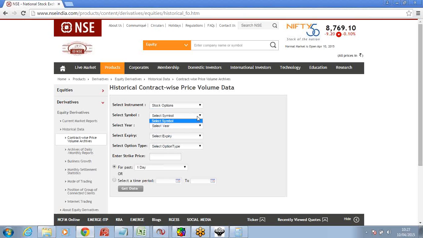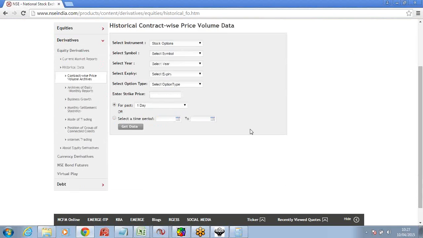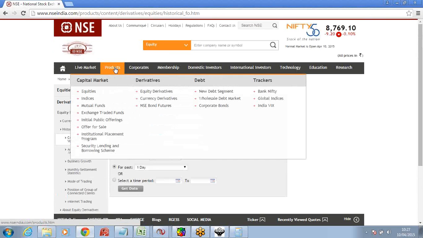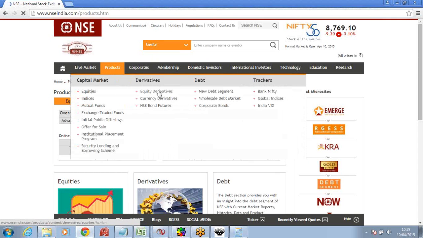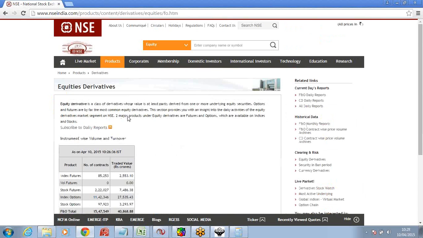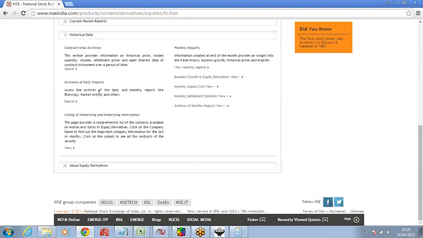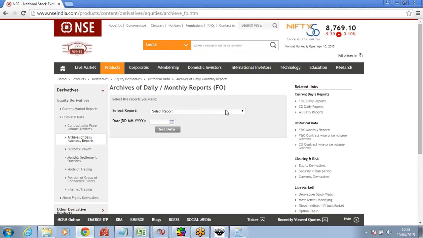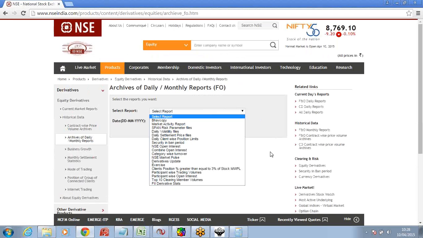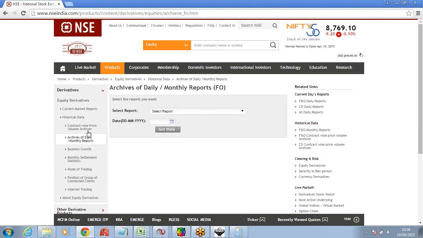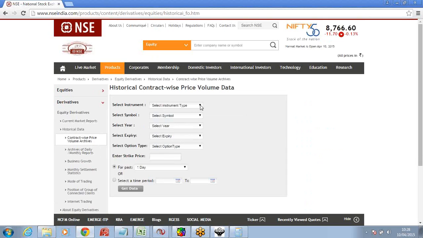You just select stock options. These are prices which you can get directly from your NSE portal.